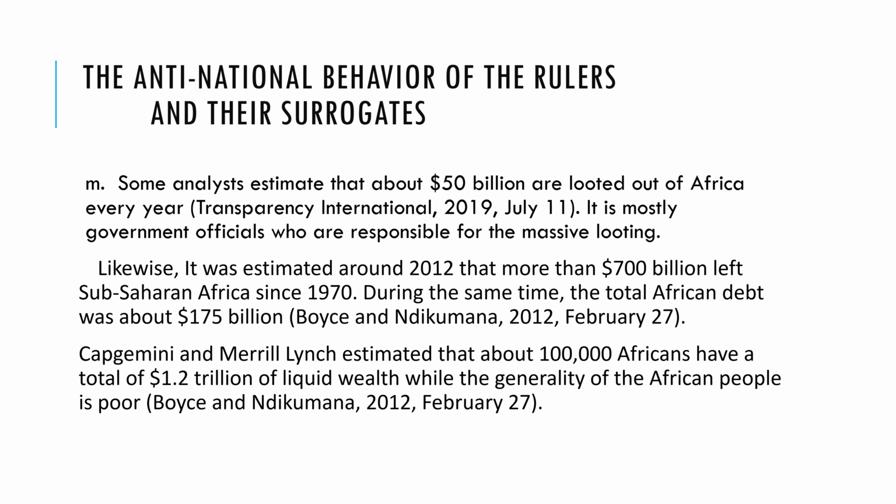During the same time, the total African debt was about $175 billion. Capgemini and Merrill Lynch estimated that about 100,000 Africans have a total of $1.2 trillion of liquid wealth, while the generality of the African people is poor.